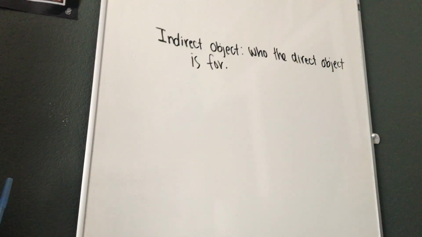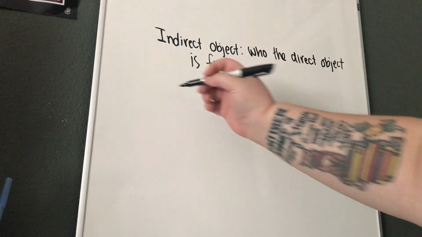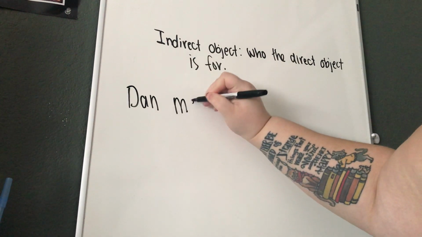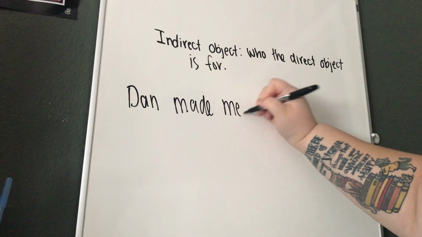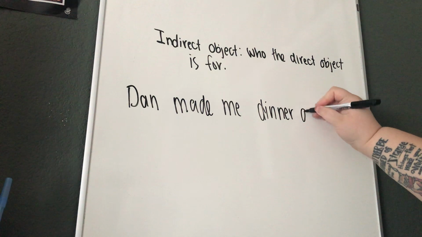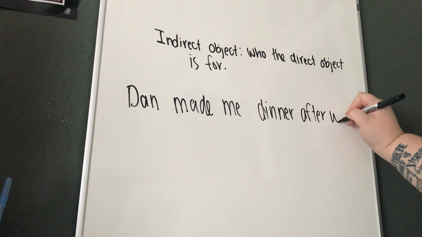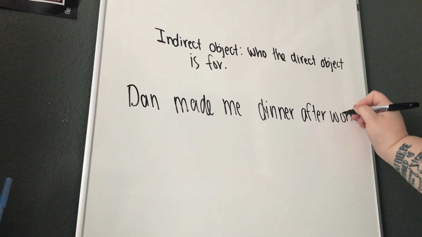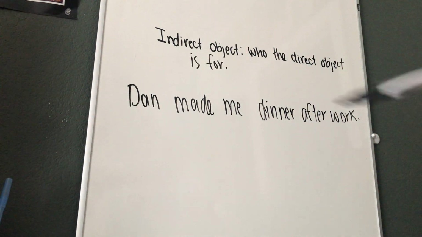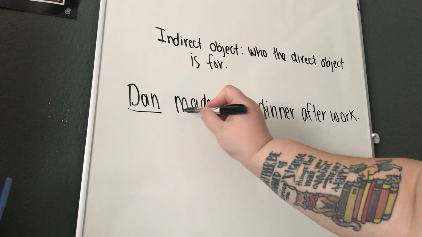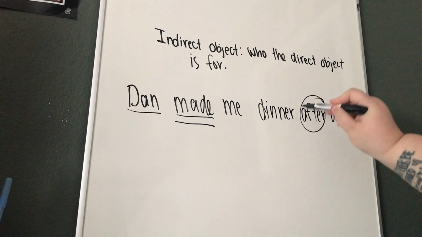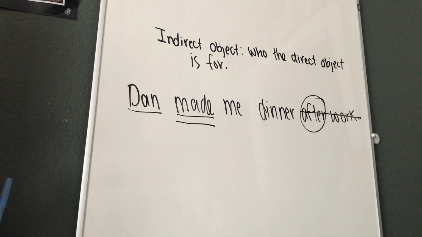So let's look at the sentence. Dan made me dinner after work. Alright, so I've got my subject, Dan, my verb, made. I can cross off after work because it's a prep phrase.